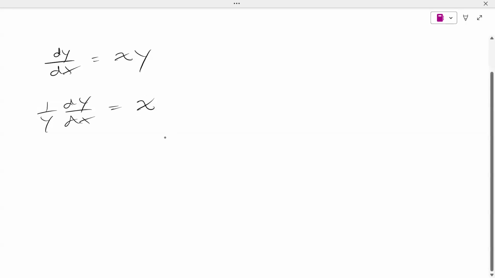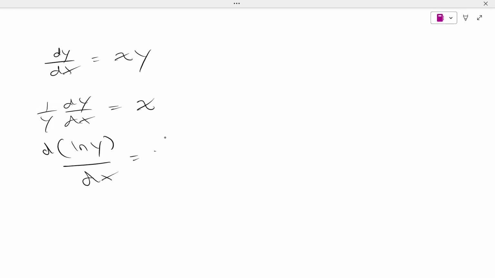So the y terms are together, and there's only one x term. Well, we can still do the same simplification. Oh, this is just the derivative of natural log of y over dx equals x. But hey, this is just a form of the derivative of blah over dx equals x, which is the same as blah equals the integral of x dx by our first type.